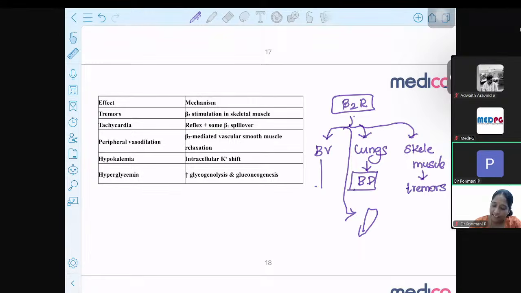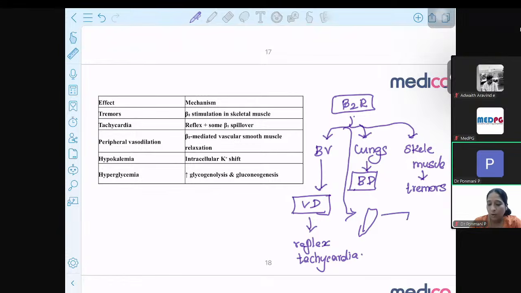In the blood vessels, it causes vasodilation, and since there is vasodilation, there can be a little reflex tachycardia. Also, when the beta-2 agonist is given in a large amount, some can spill over to beta-1. Beta-1 is present in the heart, so that can also cause a little tachycardia because it increases the heart rate.